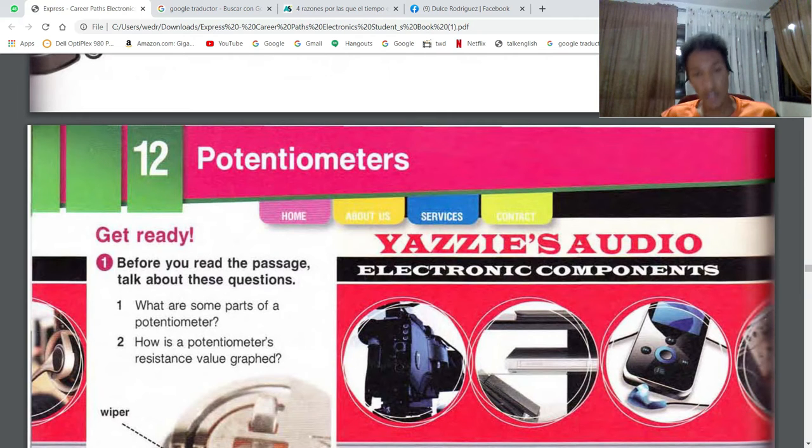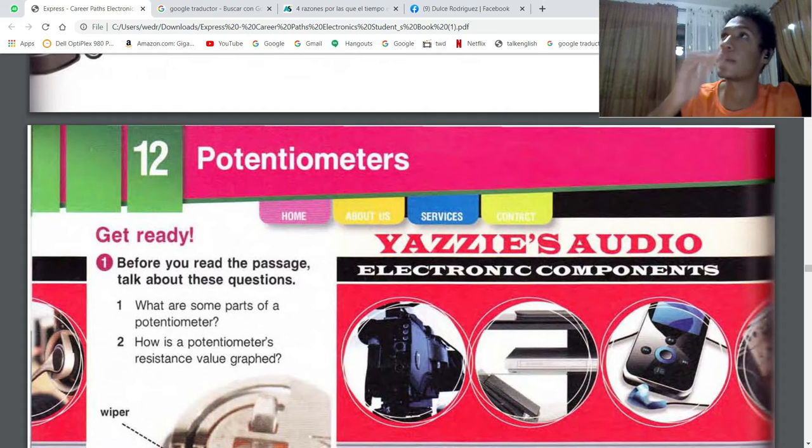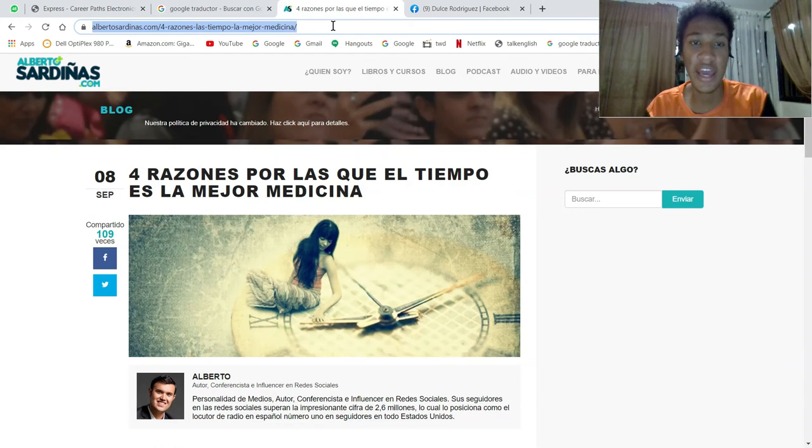So the electricity can produce the music, depending on the form, the wave of the current.